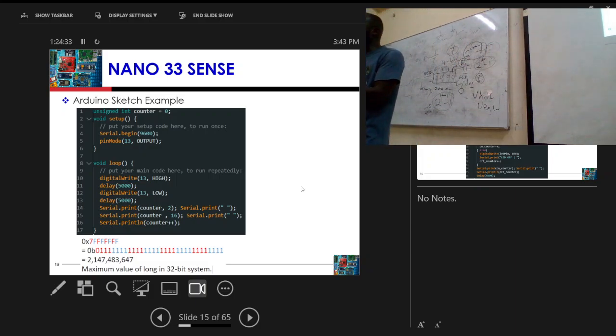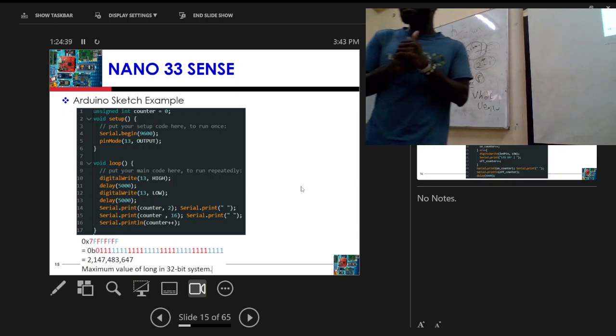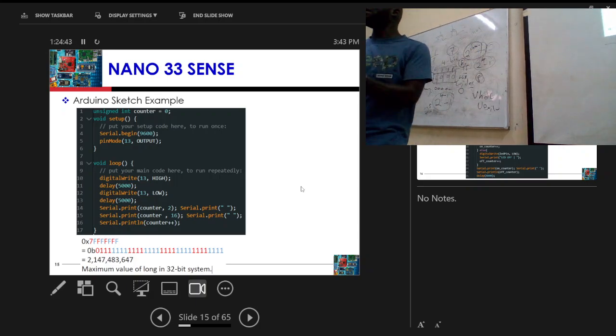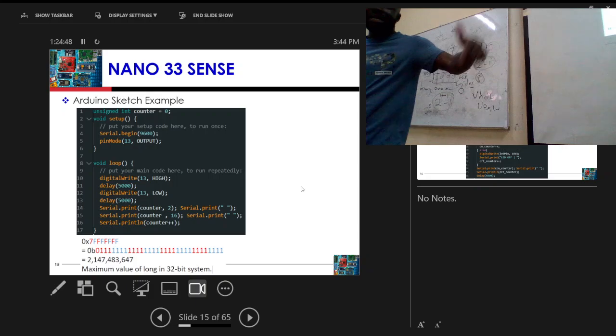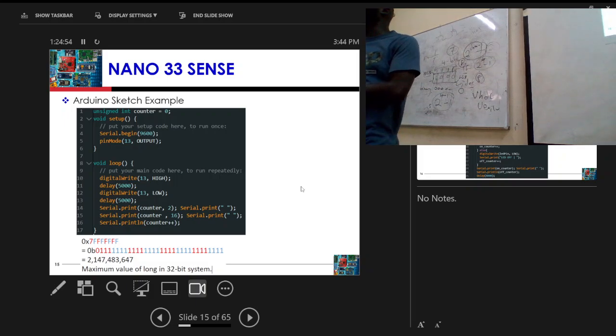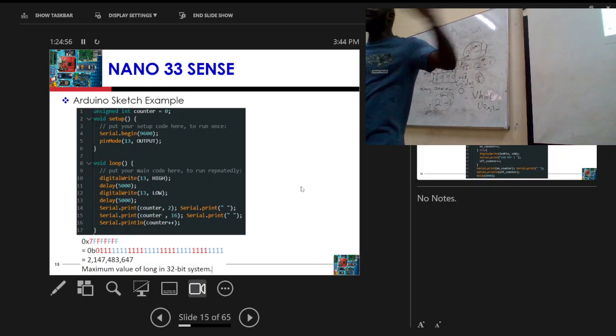It takes two arguments, the pin, and whether it's an input or output, right? So here, all we are doing is setting pin 18 as output because we want to control pin 18, or the inbuilt LED attached to pin 18. So we want to control it. So all we do is set pin 18 as output, pinMode 18 output. Easy.